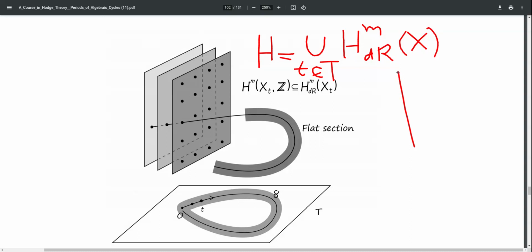So we have this cohomology bundle, and this cohomology bundle has these very special flat sections whose image will be here. These are going to be the flat sections of the Gauss-Manin connection.